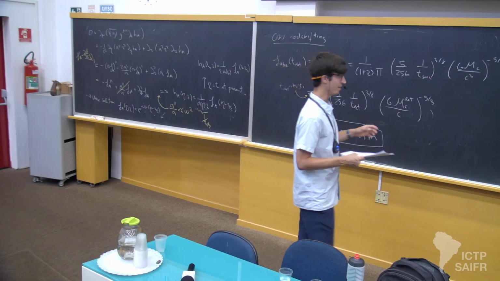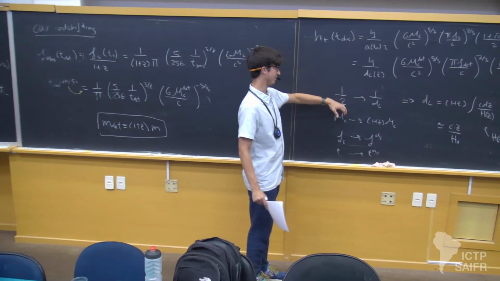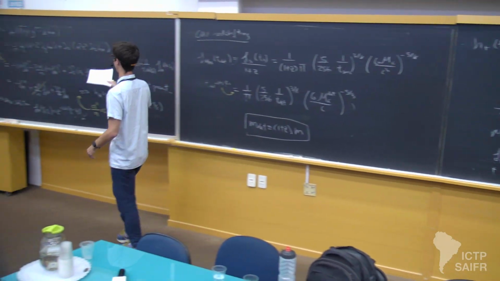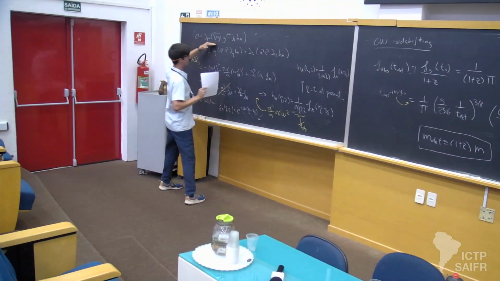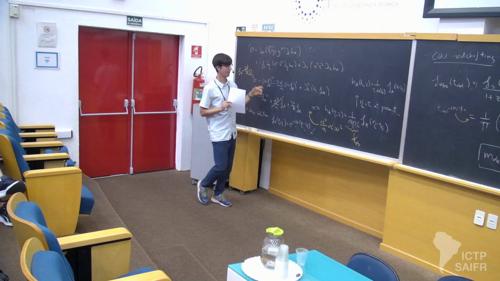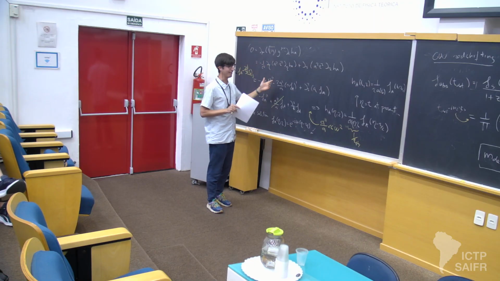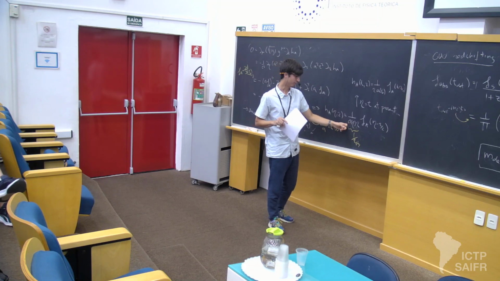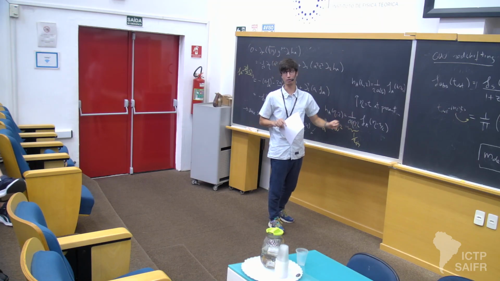So the question is how I replace this here. That comes from solving this equation. When you solve the propagation in the cosmological background, what you realize is that the scaling goes with the physical distance, which is a times r, and not only with the distance.